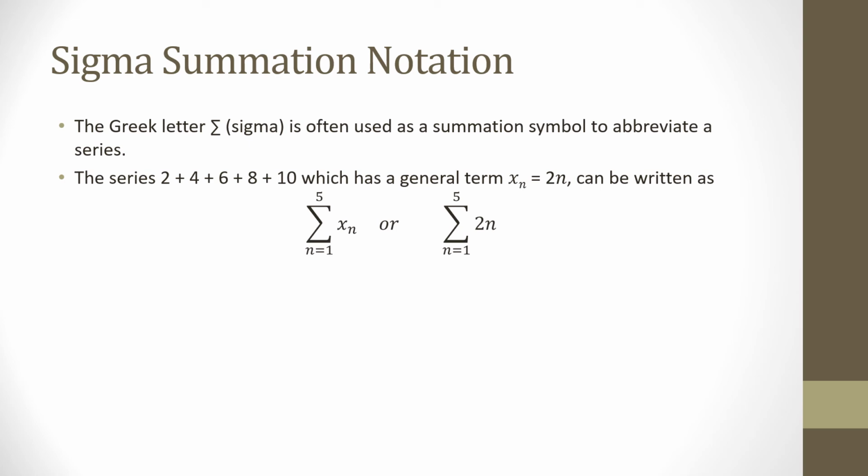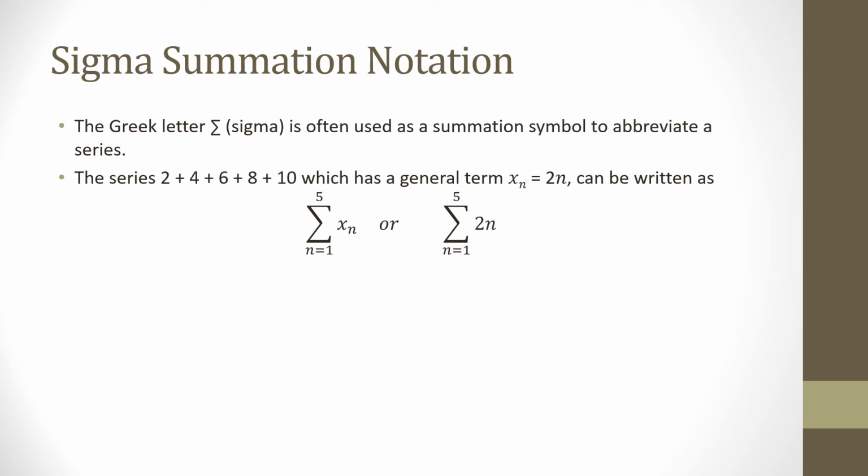So, there are 5 terms where n is equal to 1, meaning ang n mo, magsisimula siya sa 1. Okay? Ang una, mag-substitute ng 1. And then, x of n, meaning, ito yung formula.